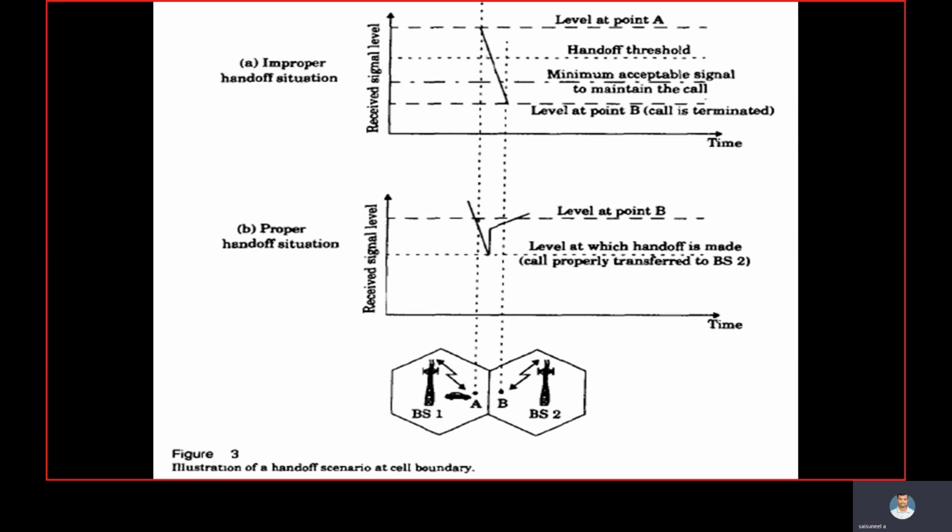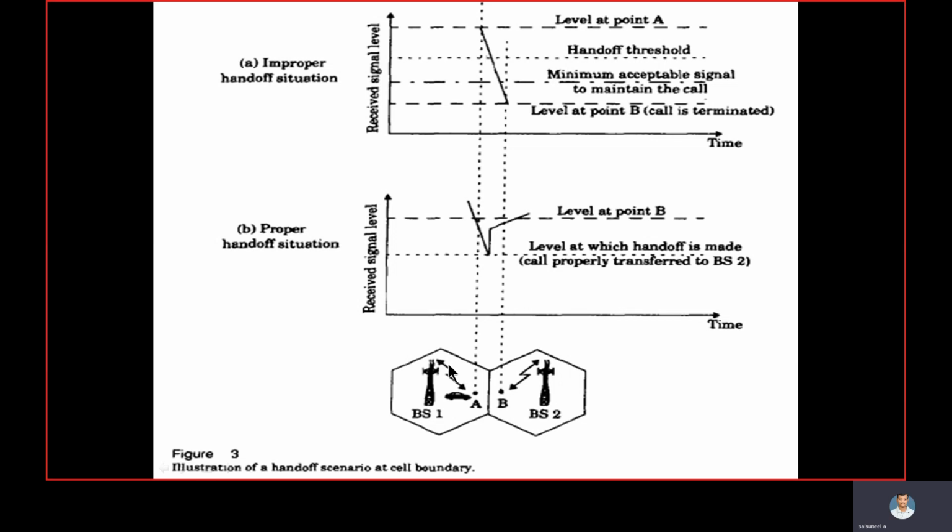Next, it moves to the next point, the boundary of these two cells. That is the minimum acceptable signal to maintain a call. After this, there is no signal. And the mobile reaches point B now, and no handoff takes place.